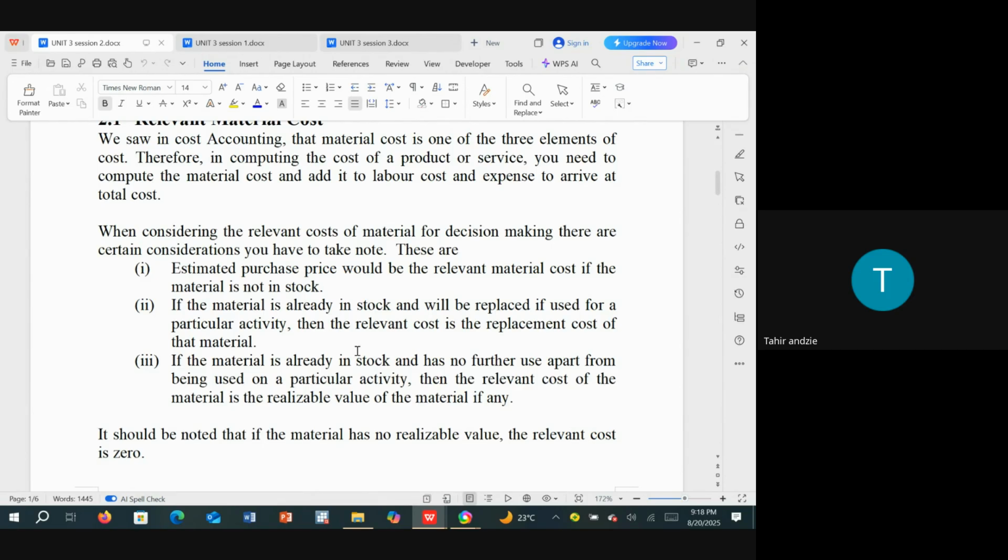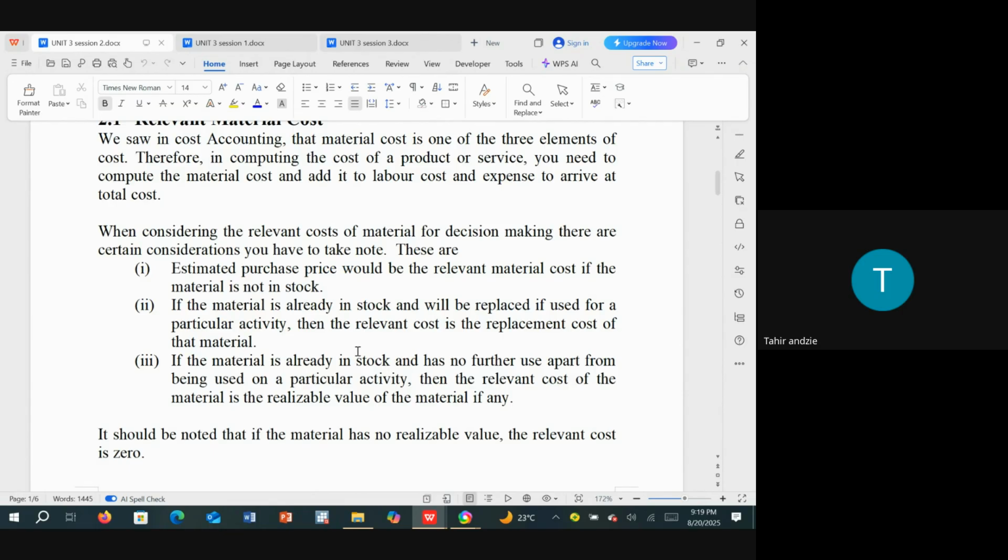If the material is already in stock and has no other use apart from being used for a particular decision or activity, then the relevant cost is the realizable value of that material, if any. If there is no realizable value, then the relevant cost is 0.